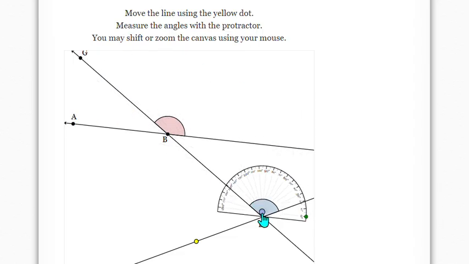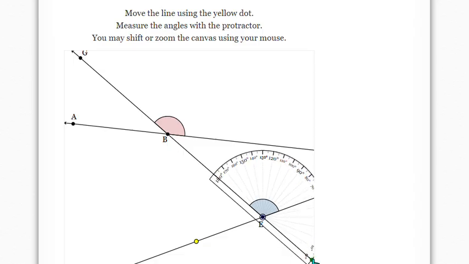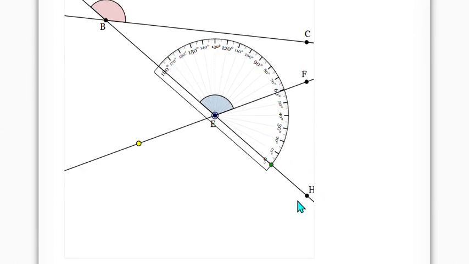So now I'm going to bring this over here, and I'm going to go like this with my protractor. Now, unfortunately, I've got a baseline at 180. So we're going to have to subtract to do it this way.